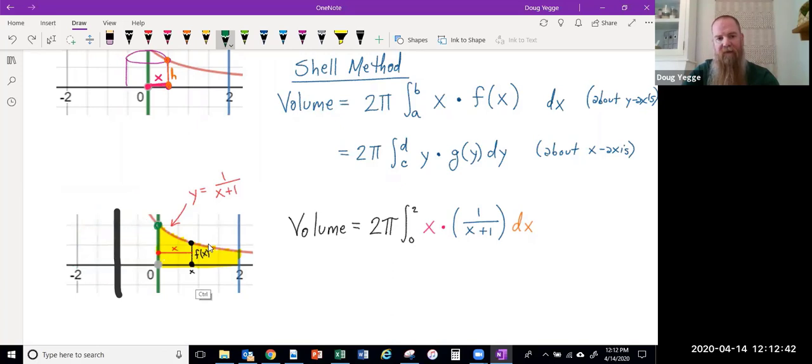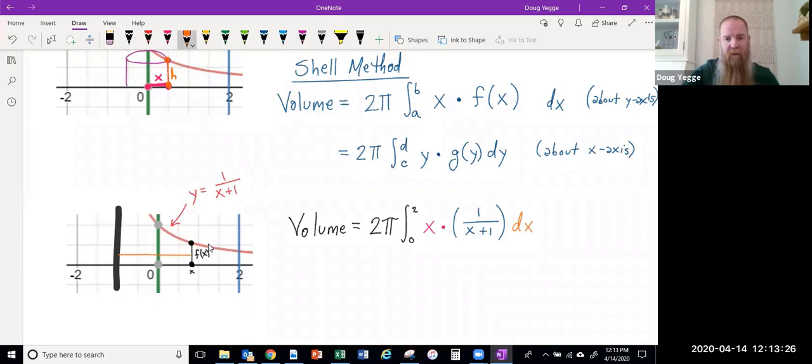And lastly, one more thing, if there was a gap, then notice the radius would no longer be x. The radius that extends from the function wherever I'm at, wherever the shell is going to be, is now going to be this long.